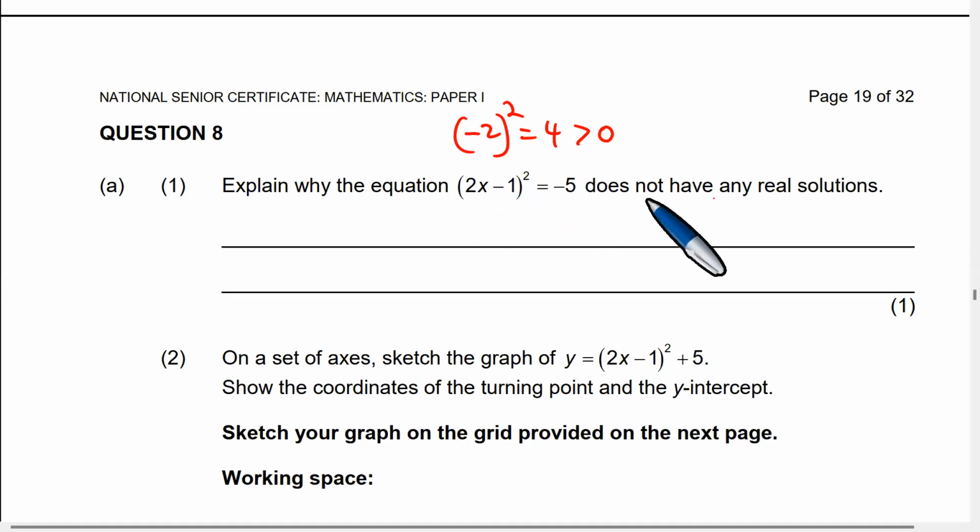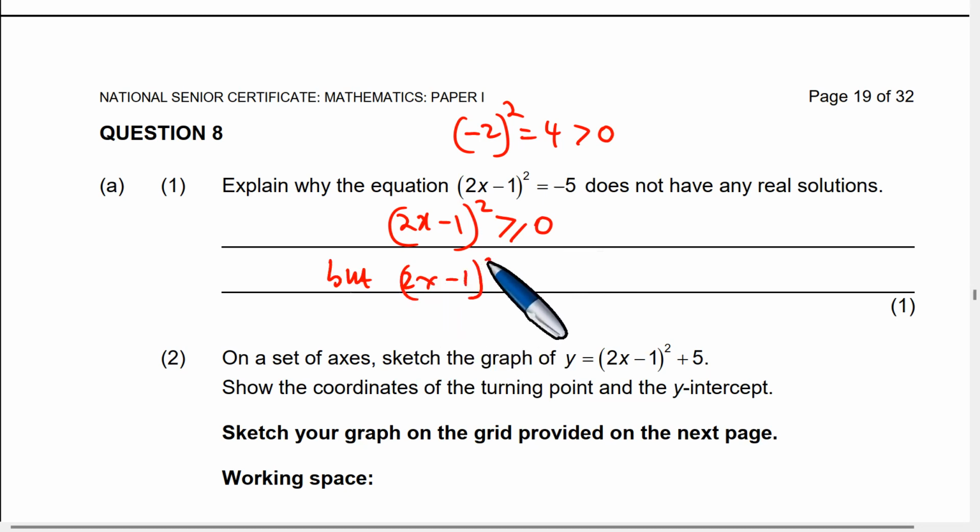The reason this does not have any real solutions is that in mathematics, the square must be greater than or equal to 0. But 2x minus 1 squared minus 5 is strictly less than 0.